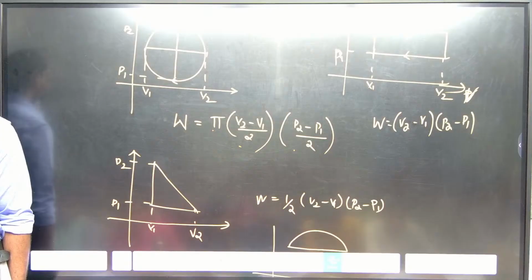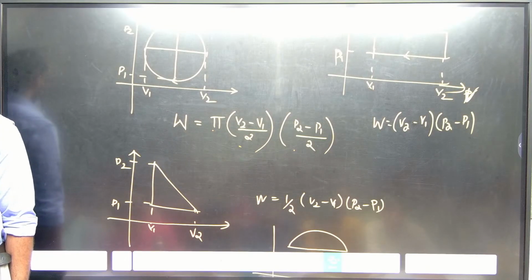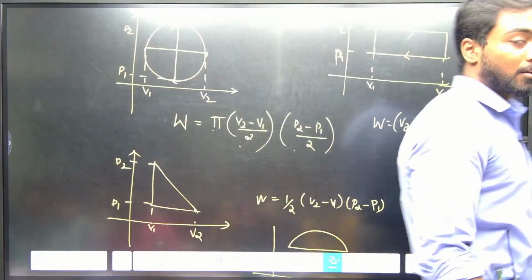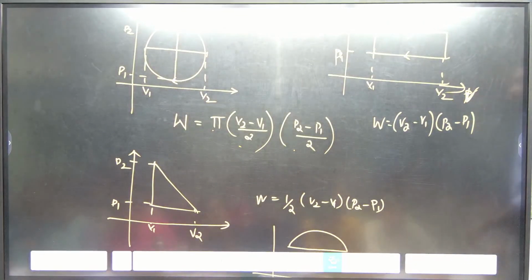Completed? No, sir. Those who have completed, tell me the formula for the semicircle. 1 by 2? Okay, pi r square. Then in terms of pressure and volume, I am asking. 1 by 2 into pi into P2 minus P1 by 2 into V2 minus V1 by 2.